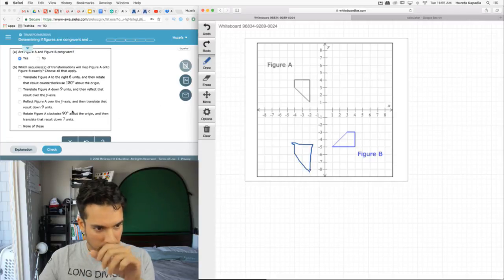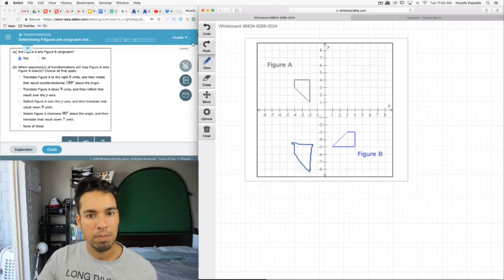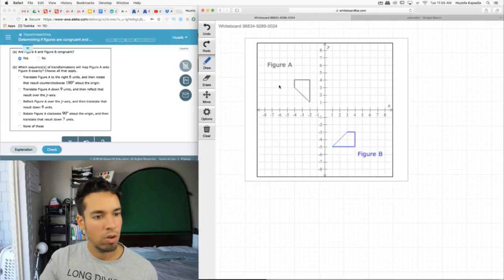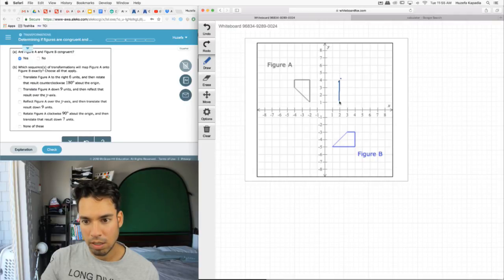Reflect figure A over the y-axis, so it would become here, and it'd be like this. Then translate the result down 9. No. Rotate figure A clockwise 90.